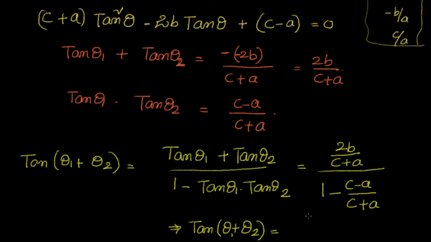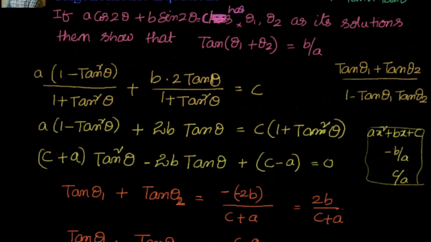So, what's the approach for this? We have been given that a cos 2 theta plus b sin 2 theta equal to c. For this equation, theta 1, theta 2 are its solutions. Now, we have been asked to prove something in terms of tan of theta 1 plus theta 2. If theta 1, theta 2 are the solutions of this equation, then tan theta 1, tan theta 2 will be roots if this equation is converted into tan theta.